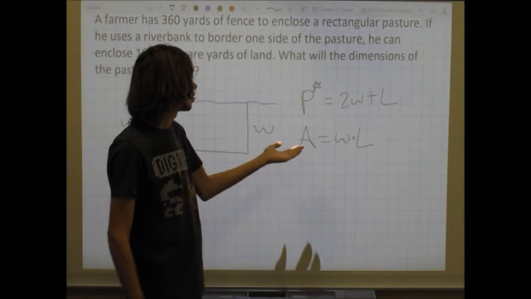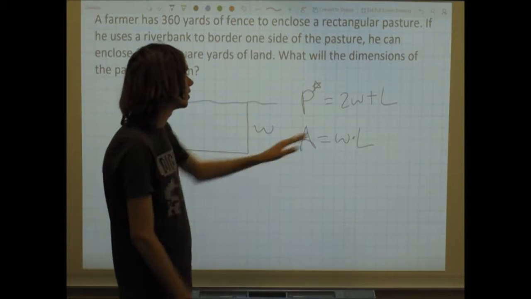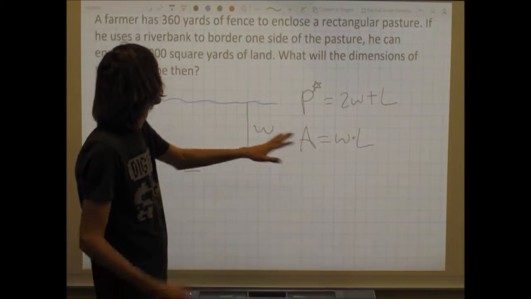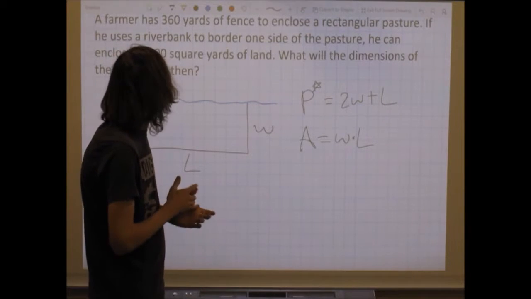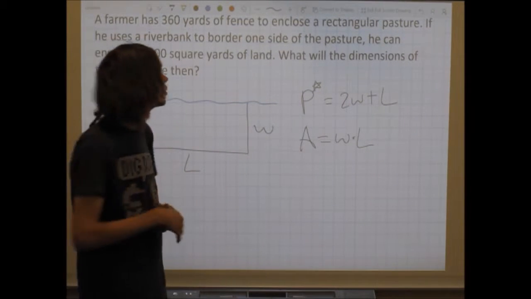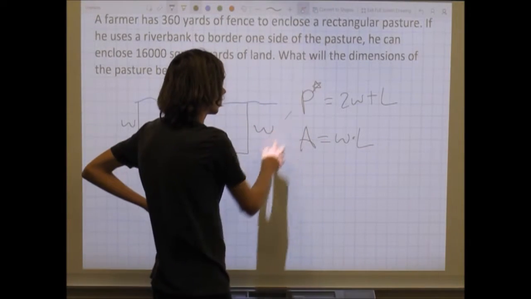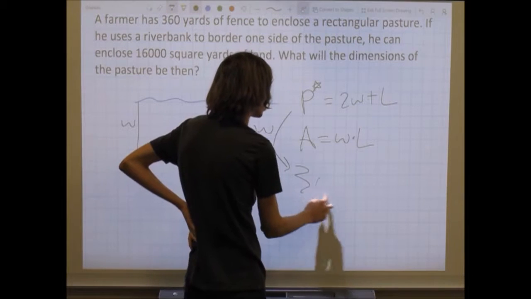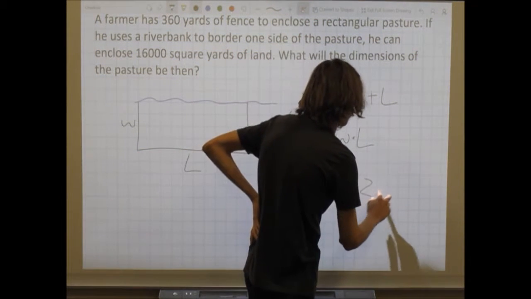And then the area of a rectangle, right, is just the width times the length. So we have these two equations here. And so let's plug in the values that we know. We know that we only have 360 yards of fence, right? So this one right here is going to be 360 equals 2W plus L, right?